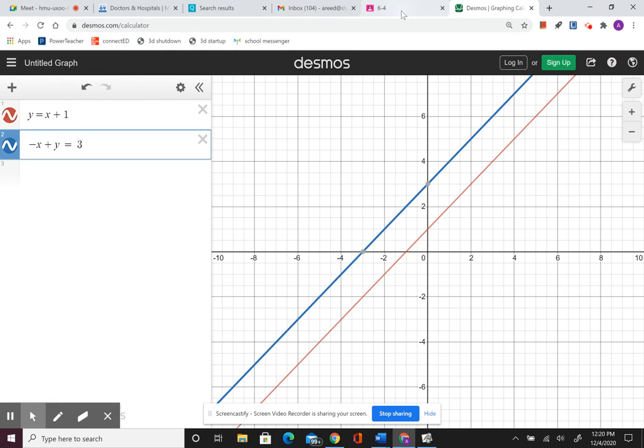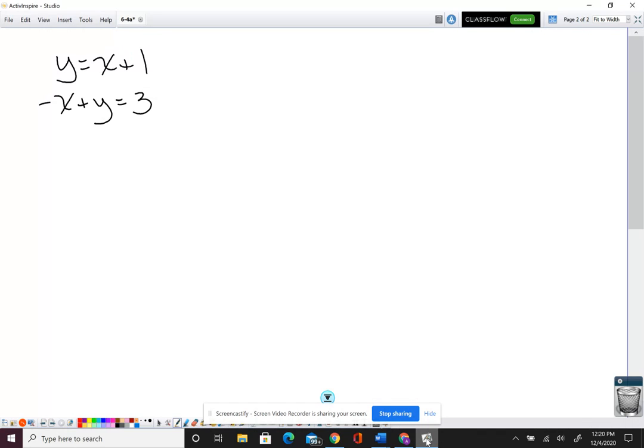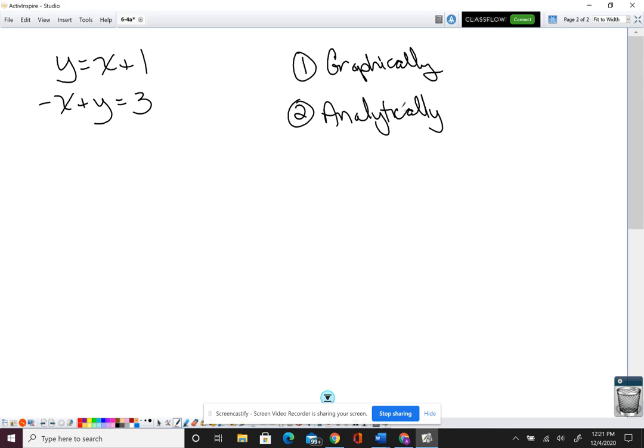Okay. The other way to show this is analytically. So we did it graphically, and now we're going to do it analytically. So in order to do it analytically, we're going to look at slopes. That's going to be the first thing that we're going to look at.